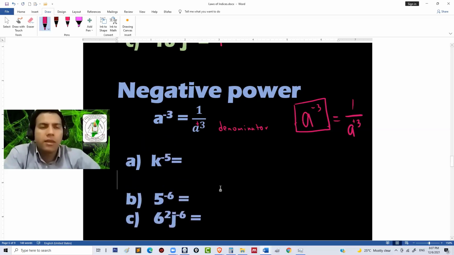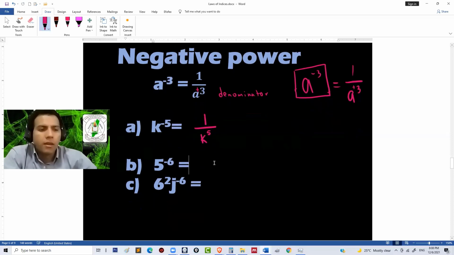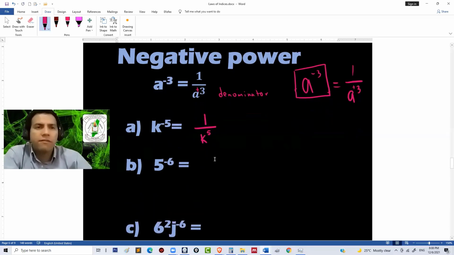Let us solve k negative 5 power. We write 1 over k power 5, and the 5 becomes positive. So that's our answer. In our second example, we have 5 negative 6 as a power. So we'll write 1 over 5 power 6.